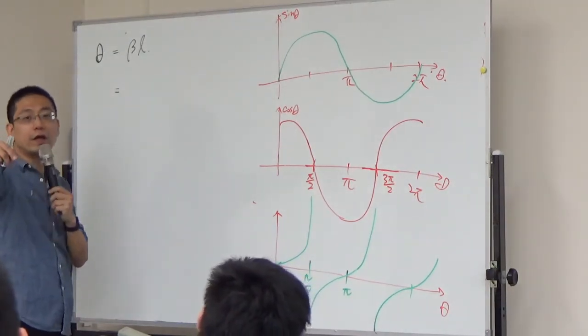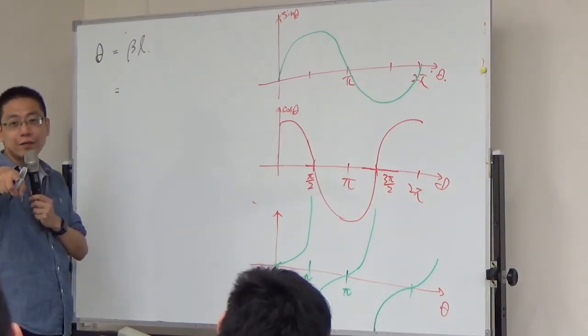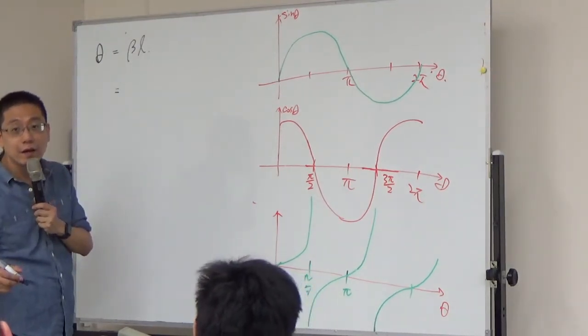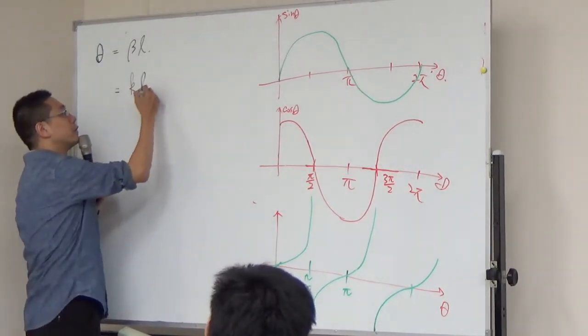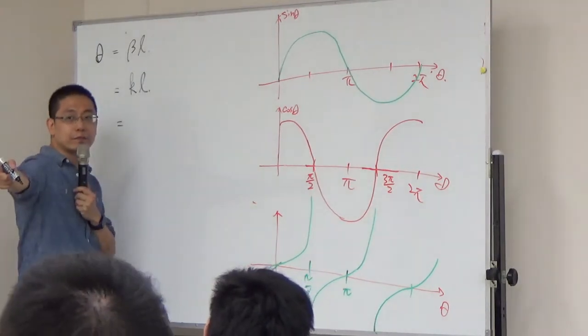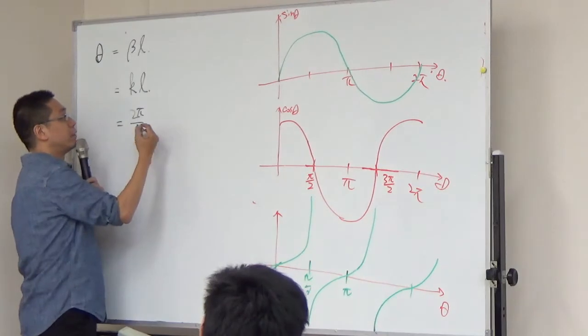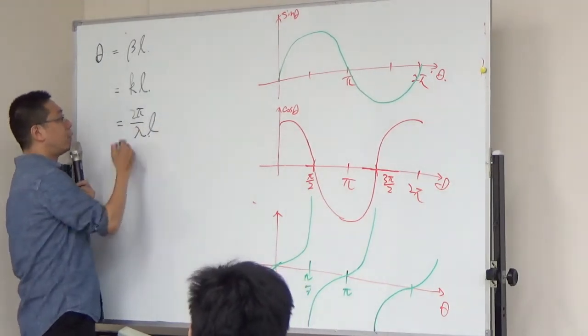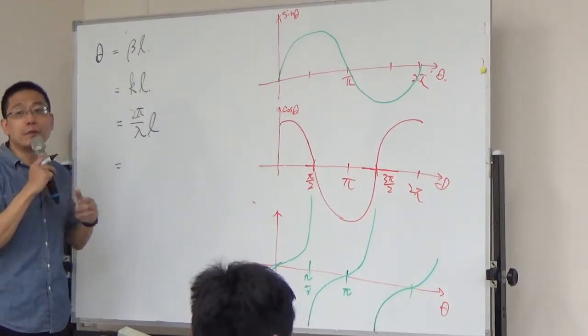Give me any answer, I give you 2 points. What is beta? Okay, 2 points. 2 pi over lambda, or more answers. I think we have more answers for beta.